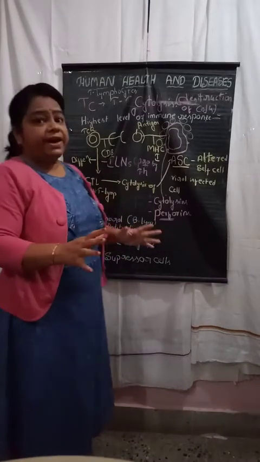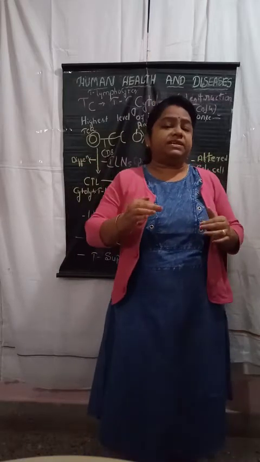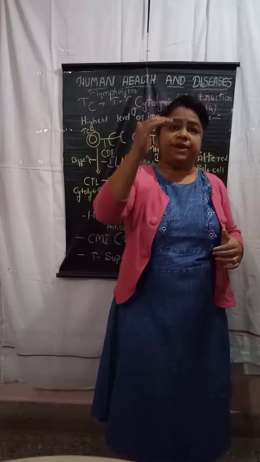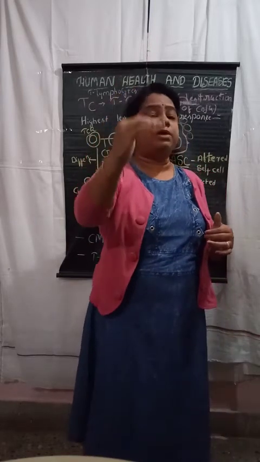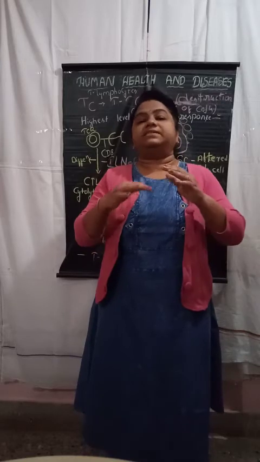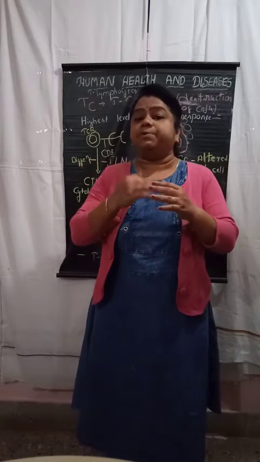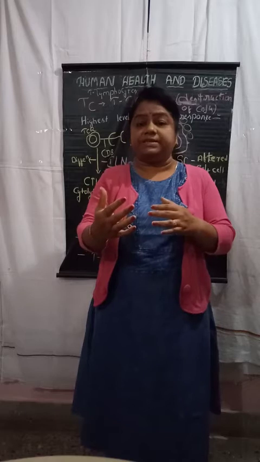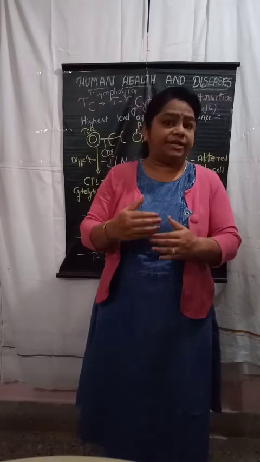Okay, so that's why in the case of AIDS, what happens? The T helper cells are very important, and as the T helper cell count, that is the T lymphocyte count, goes on decreasing, the infection increases and the immune response goes on decreasing, because the T helper cells, a type of T lymphocyte, produce the interleukins.